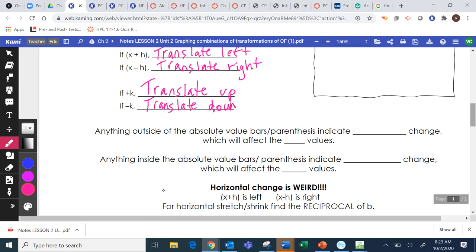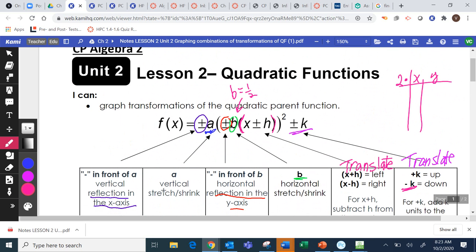Okay, so look up here. Anything that's on the outside of the part I'm making dark. So this is the function where we have the squared. Anything on the outside will be what kind of change? Your options are horizontal or vertical.